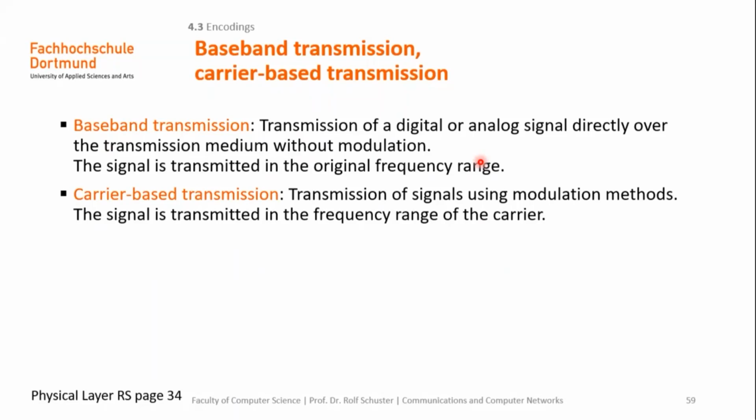Or carrier-based transmission, when the transmission of signals is performed using modulation methods. And the modulation methods permit the signal to be transmitted in the frequency range of the carrier. Typically, when we use some spectrum of radio frequencies, for instance, to transmit across the wireless media.